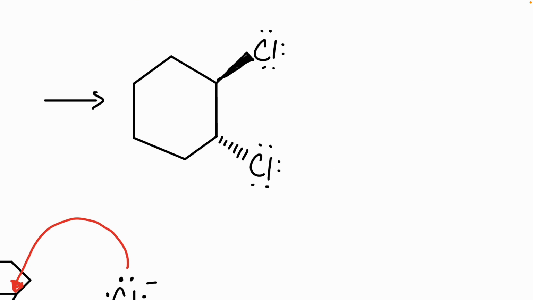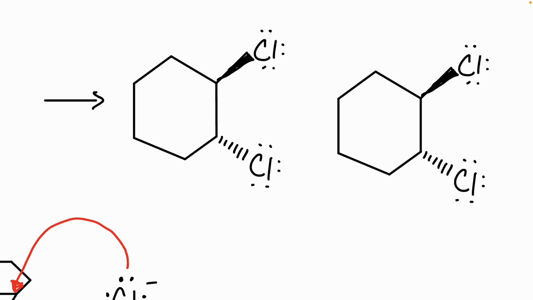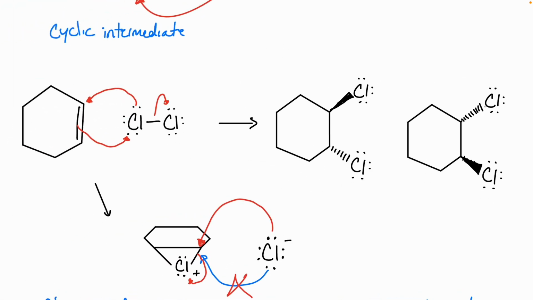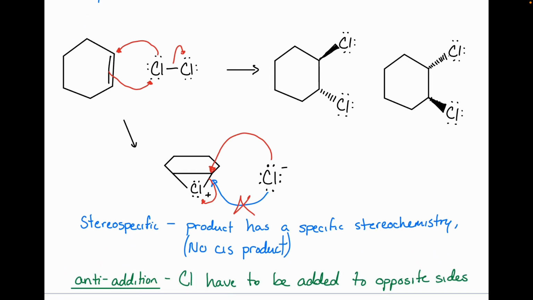Since these are two distinct molecules here, I'm going to have to include them both. So we have to include both of the trans isomers as our products here. And since it's a stereospecific reaction, we have to use our dashes and our wedges to show the stereochemistry of that product.